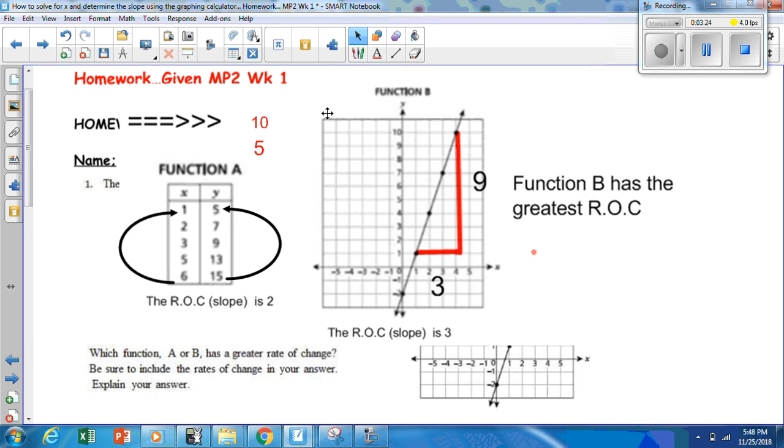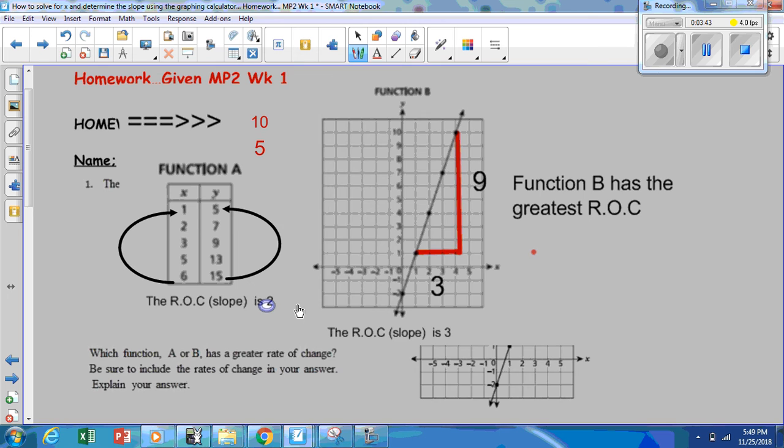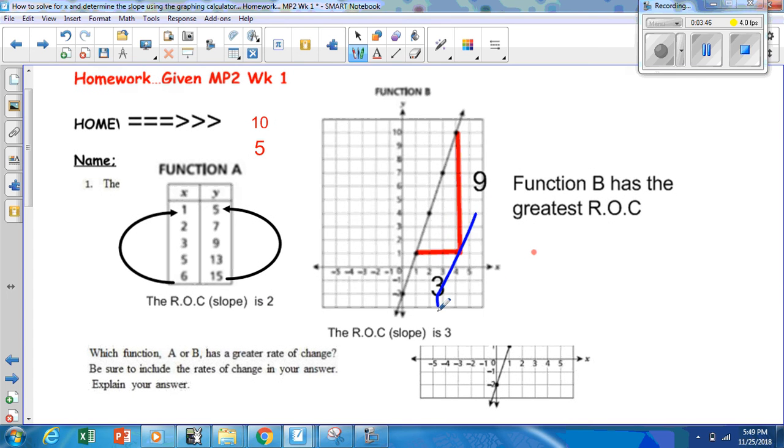Now, let's compare and contrast that with function B. Function B, what I noticed is that my change in my y values is 9, whereas my change in my x values is 3.